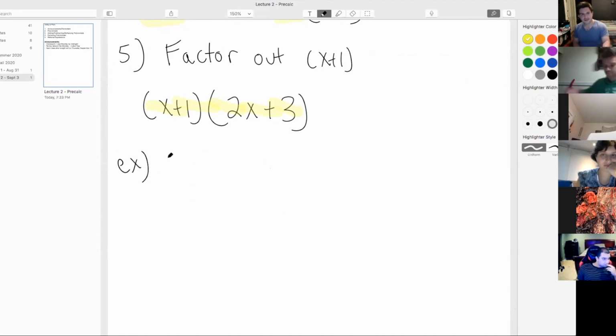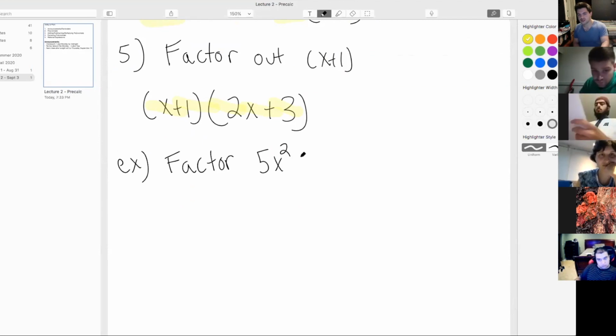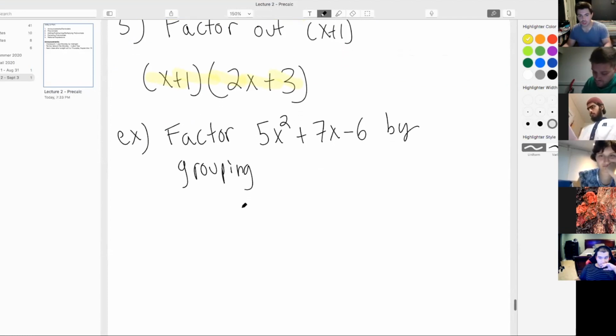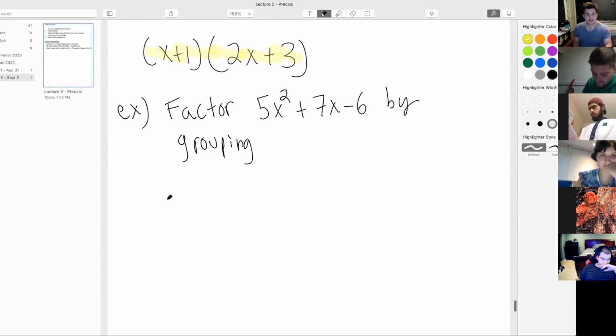Okay. One more example here. Factor 5x squared plus 7x minus 6 by grouping. Okay. Good, so I'm just going to follow the steps. I'm going to write the numbers which correspond to the steps from the previous example.